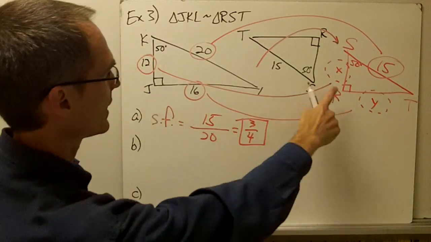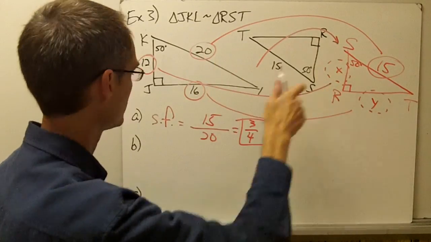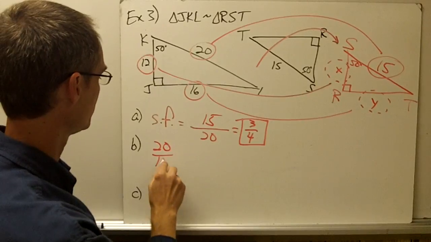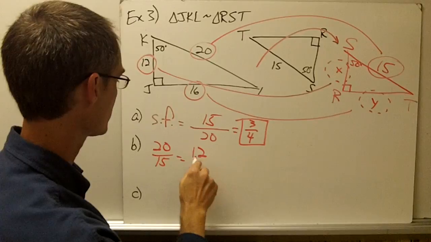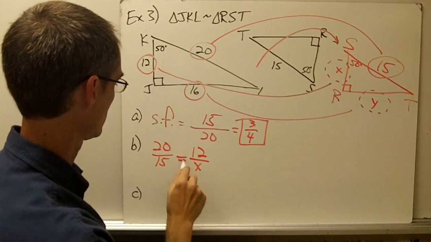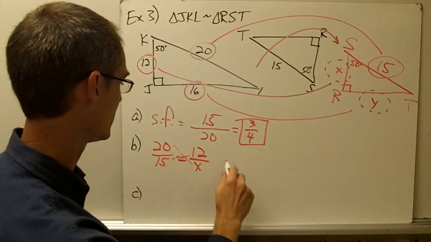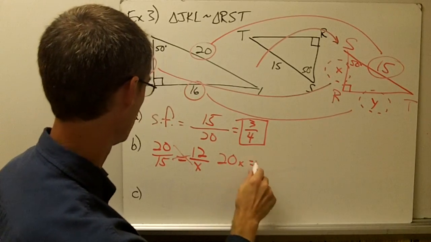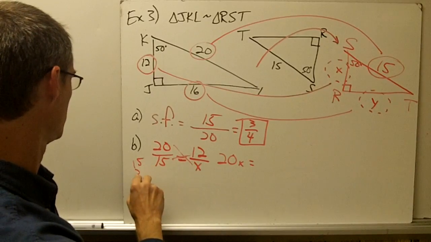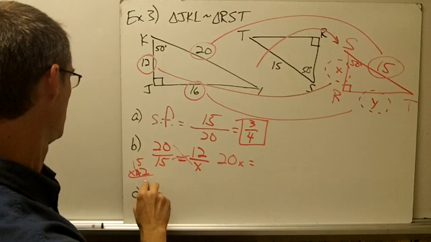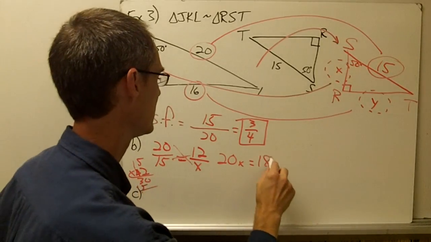Let's start with X. I can set up a proportion using my corresponding sides, so I could say 20 over 15 equals 12 over X. Then I can cross multiply and solve. 20 times X equals 15 times 12, which is 180.